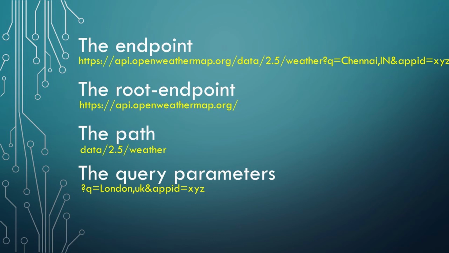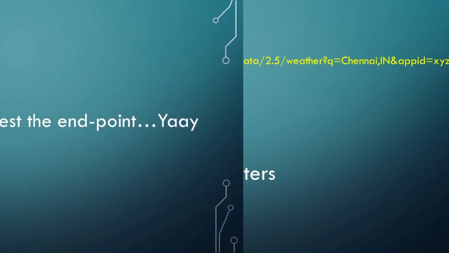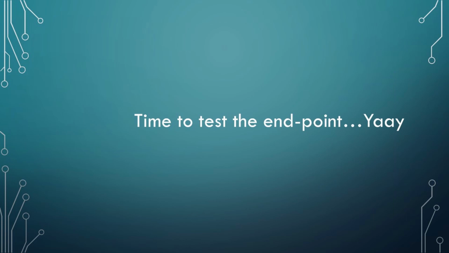Okay friends, now the important question is, how do you know if this endpoint works? Well, it's time to give it a try. You can send a request with any programming language by writing a piece of code, or we can use the command line utility called curl.